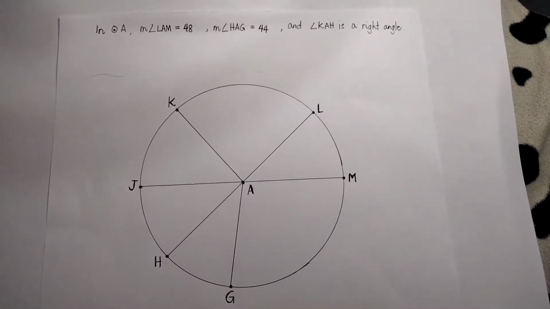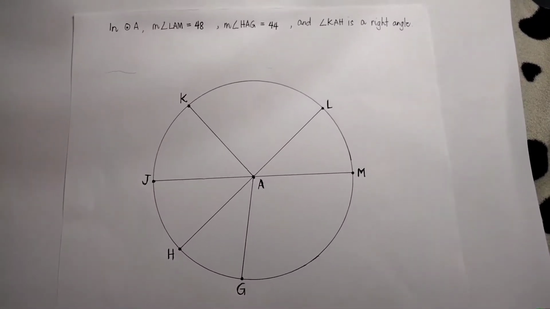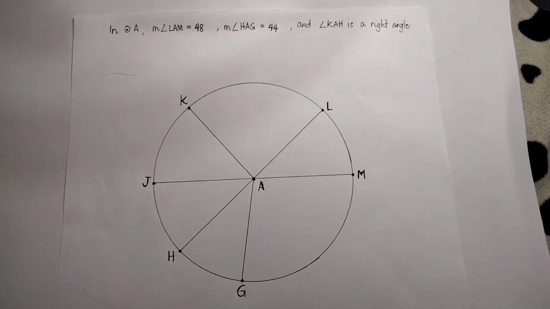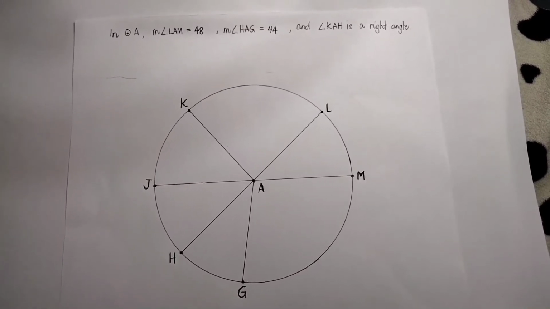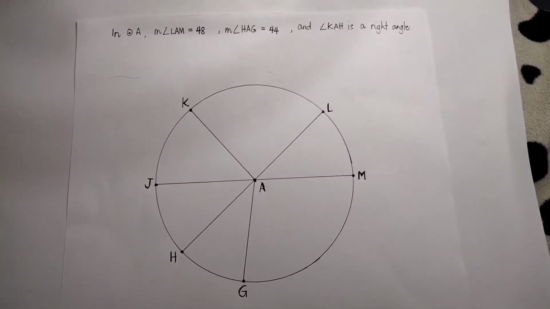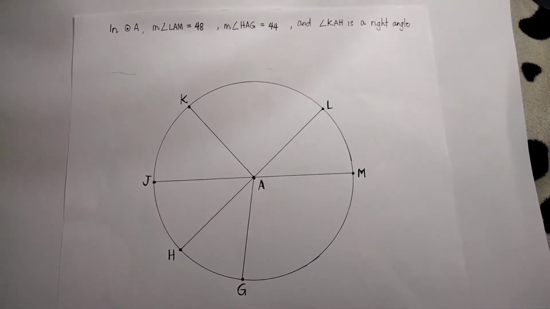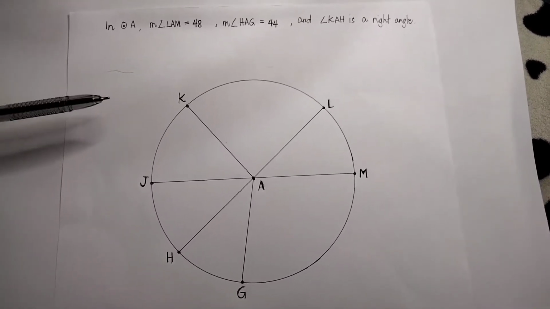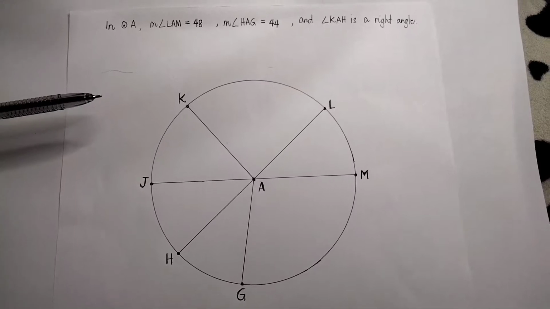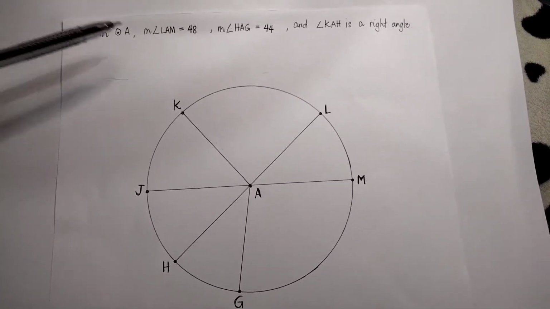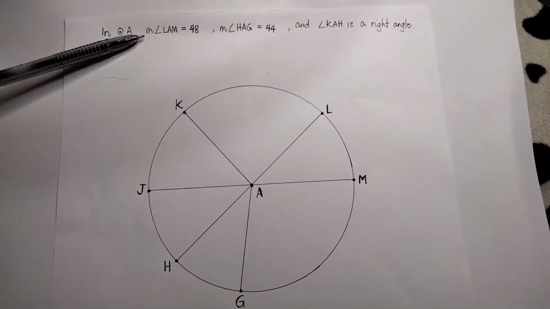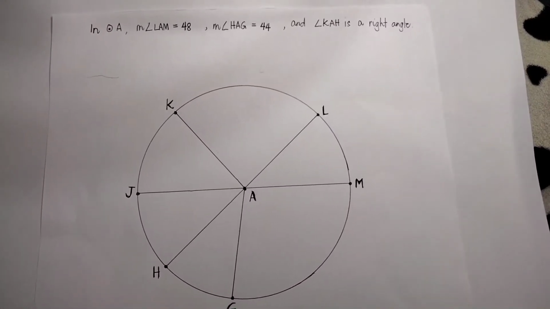Good day everyone. In today's video, you will learn how to find the measures of the angles and arcs in a circle. For example, in this problem, in circle A, the M stands for measure. The measure of angle LAM is 48.